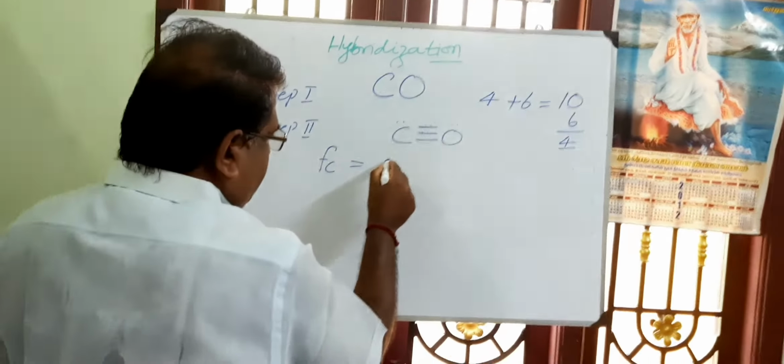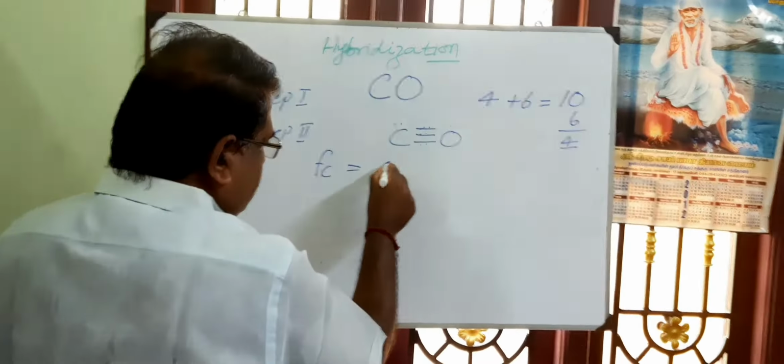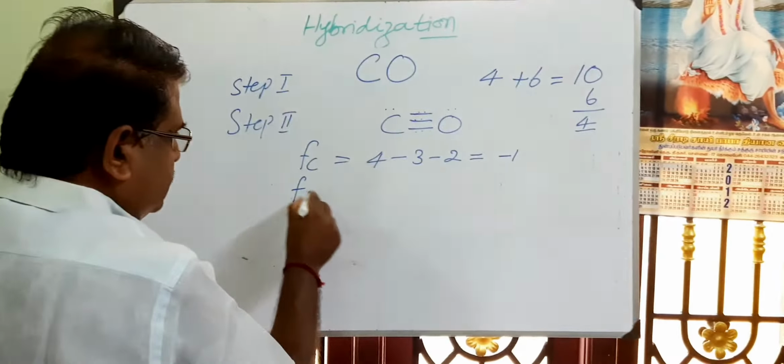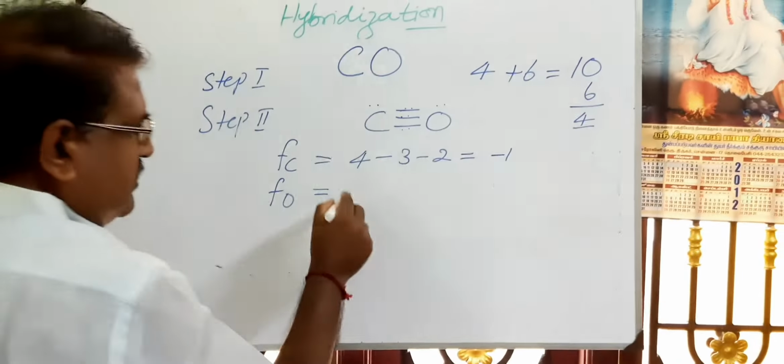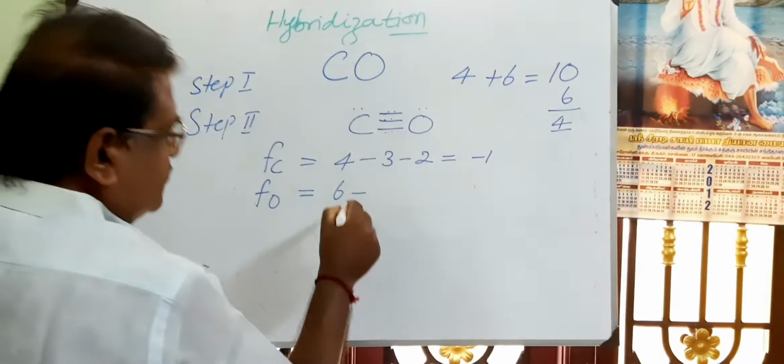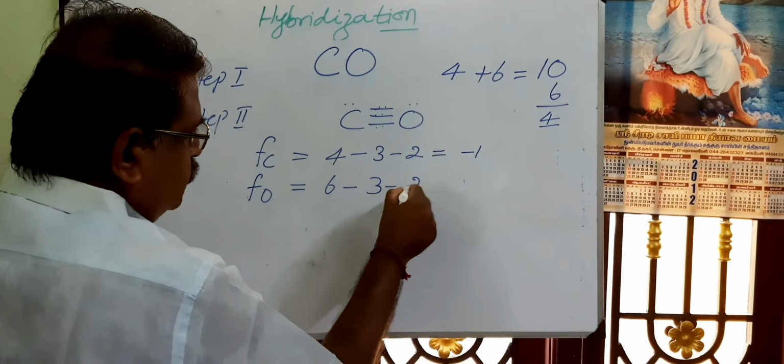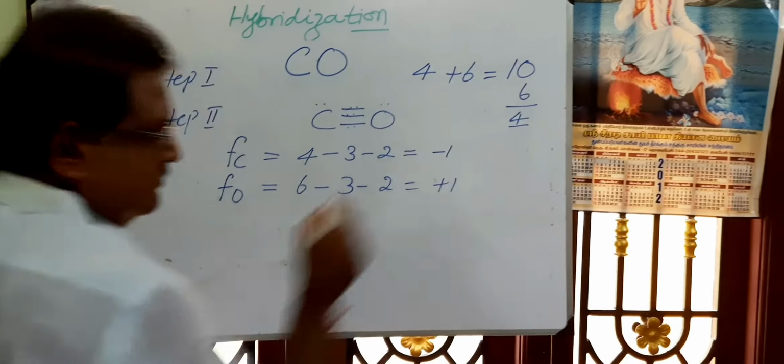The valence electron count 4 minus 3 bonds minus 2 for the lone pair. So the formal charge for carbon is minus 1. The formal charge for oxygen in carbon monoxide is 6 minus 3 minus 2, which is equal to plus 1.